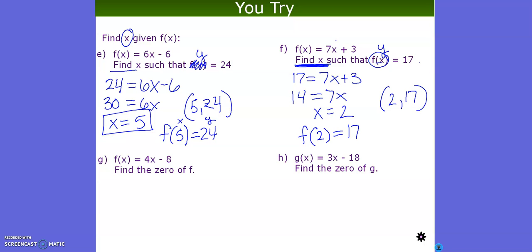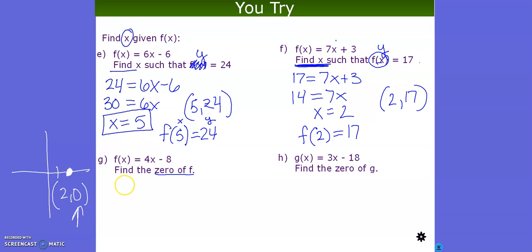Now G and H ask the question a little bit differently. It says find the 0 of the function. A 0 of the function is going to be an x-intercept. So if you give yourself a little sketch, it's along the x-axis. If this was my graph, my x-intercept would be at (2, 0). That means the y value is 0, and that goes for any function. A 0 of the function is when y is 0.